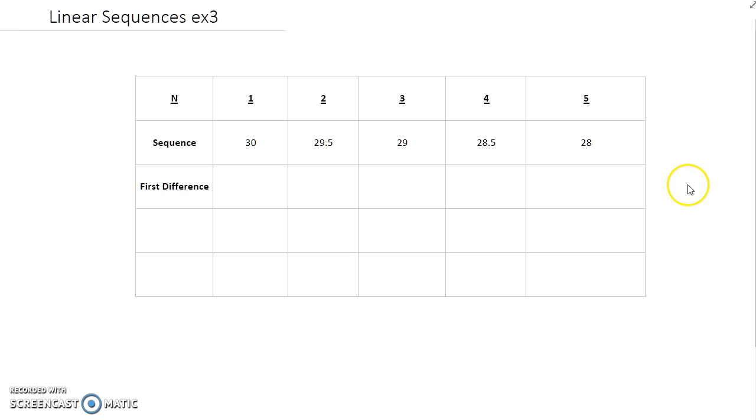Now the last one is, you can oftentimes come across decreasing sequences. Or, in this case, you can see there are decimals as well. So let's find the rule for this. So again, what is the difference between 30 and 29.5?